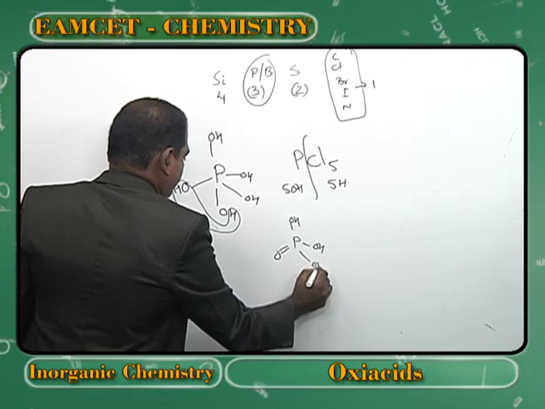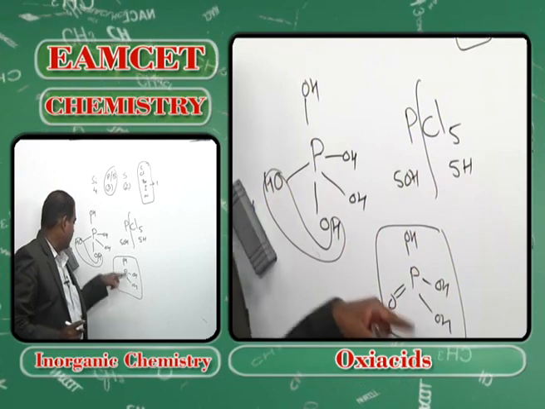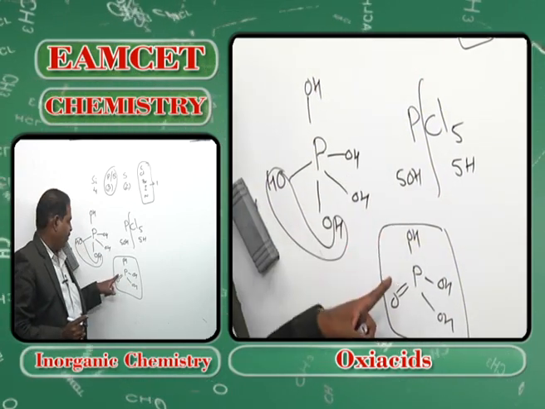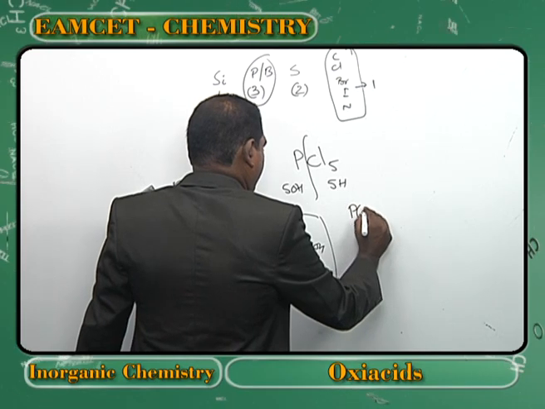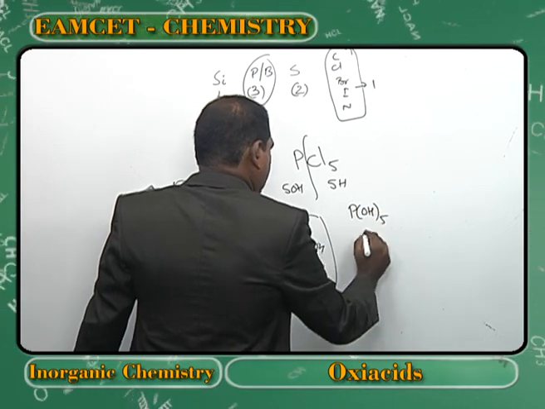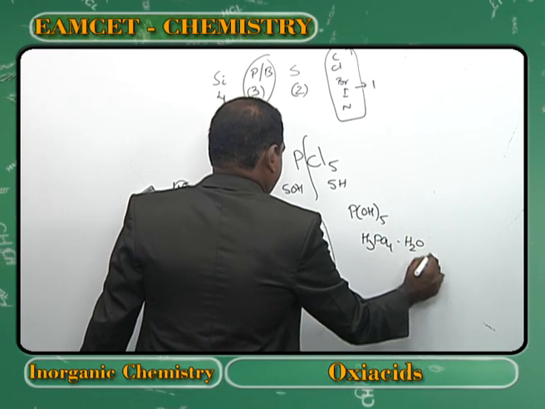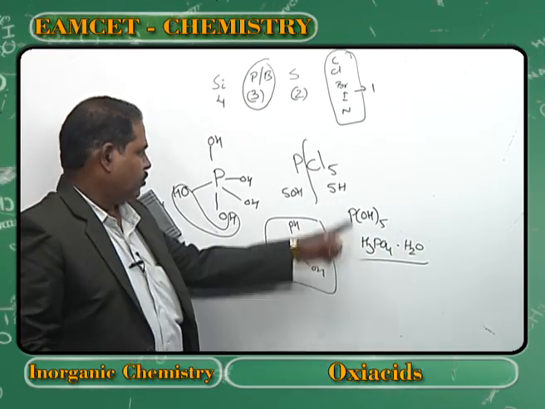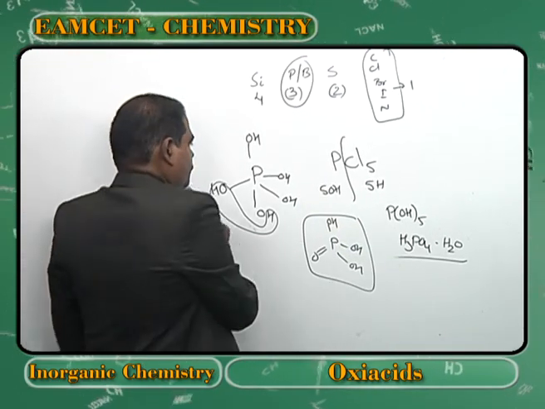This once again proves that phosphorus prefers to be tetrahedral rather than trigonal bipyramidal. So you are getting P(OH) 5 times, which is none other than H3PO4 dot H2O. So PCl5 on hydrolysis gives phosphoric acid.